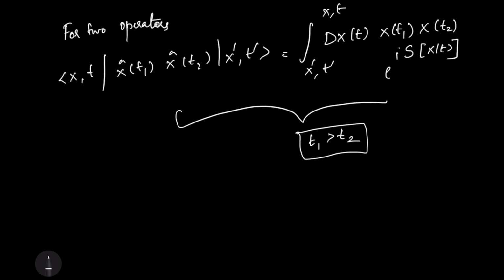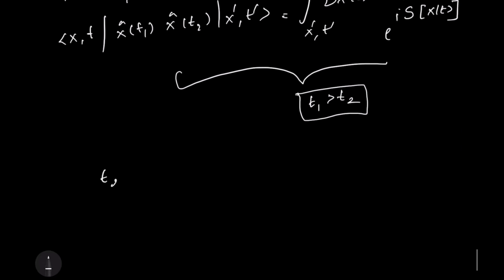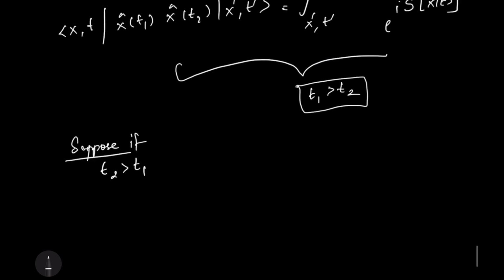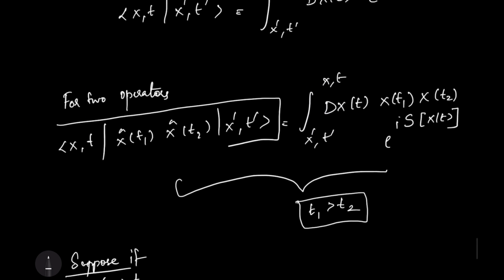If t2 is greater than t1 and on the RHS you still have the same quantity, then on the LHS we have to exchange x of t1 and x of t2, because the path integral always follows time ordering. Therefore, the correct formula which applies for all t1 and t2, so that it is always time ordered, cannot be written simply like this.